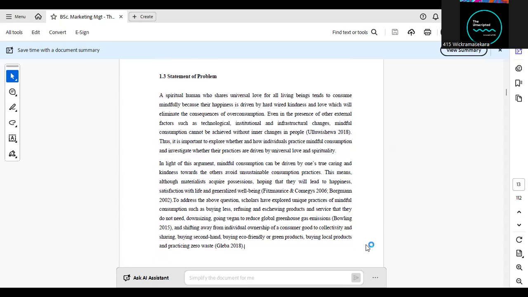So if I talk a little bit more of the background of the study, you have to explain the context of your study, whether it's in the Sri Lankan context, what happens in the international context, and if you're focusing on a specific industry, you have to talk about that industry as well.